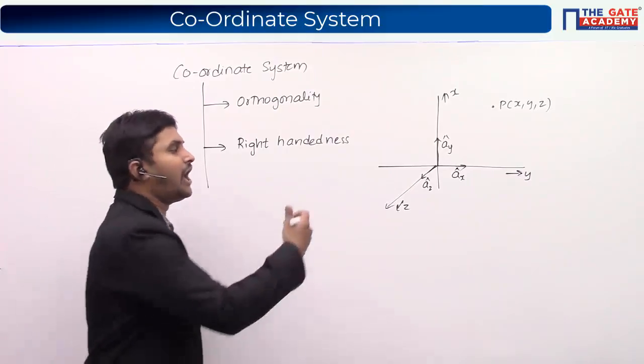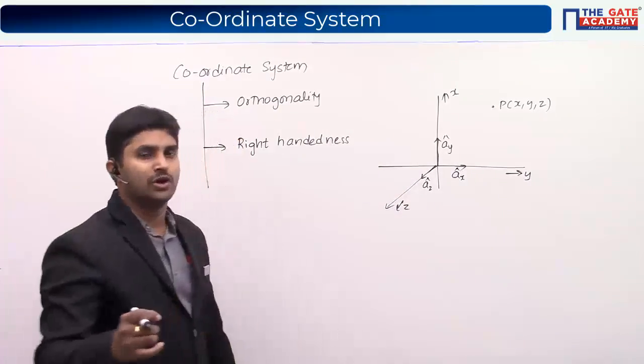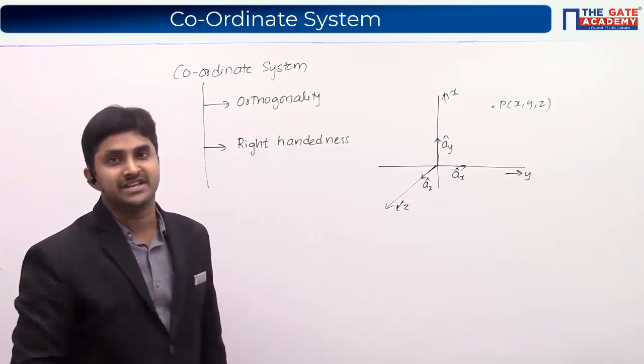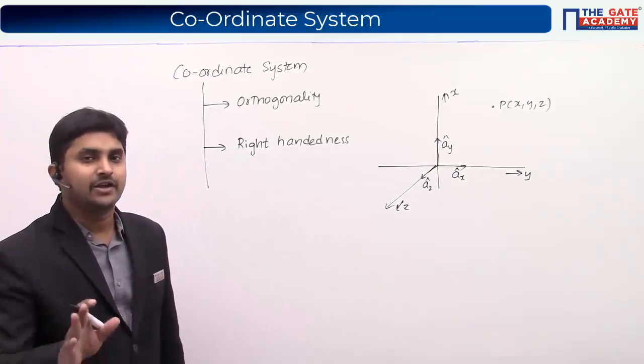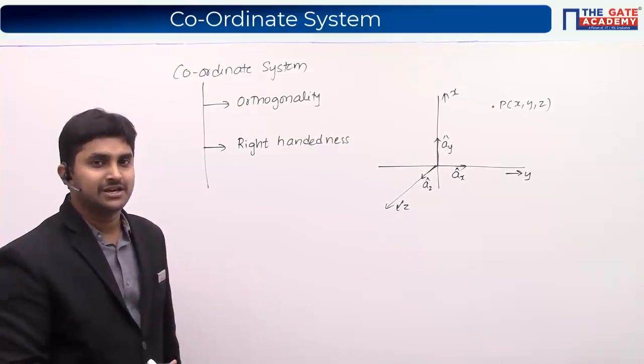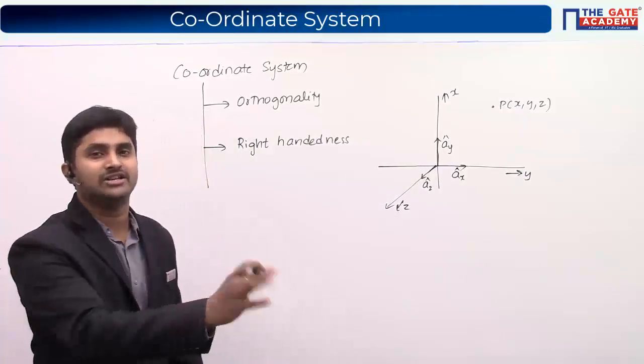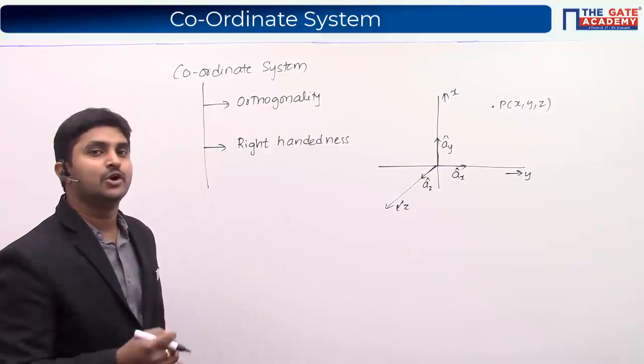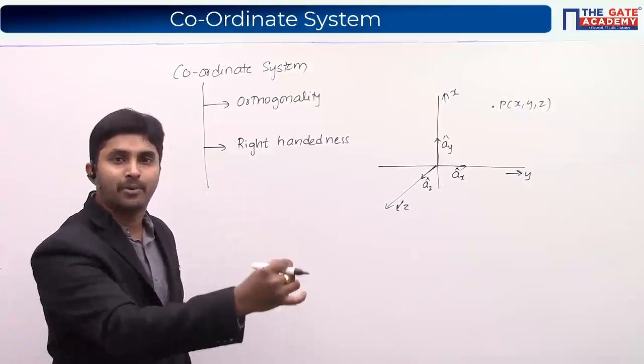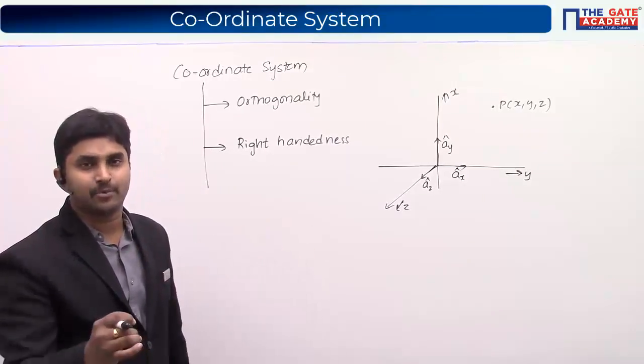If you have a habit of doing this, you will slowly understand that you will be doing more and more mistakes. You might say that, sir, my process is correct, but the answer I got is wrong. It is because you have not selected a proper coordinate system.